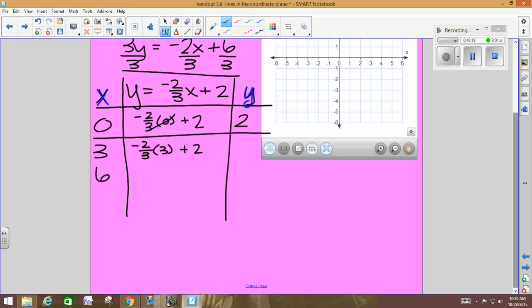Because when you multiply fractions and whole numbers, it's just the numerator that multiplies into the whole number. So it'd be negative 2 and 3, which would give me negative 6. And now it's negative 6 over 3, which becomes what? Negative 2. And negative 2 plus 2? 0.